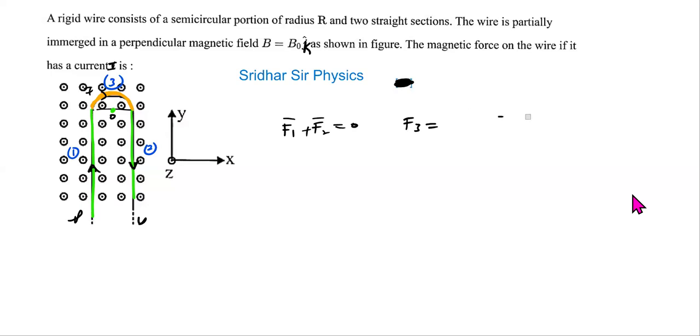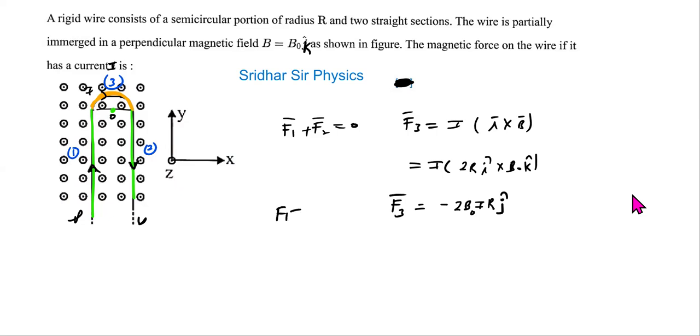Let me use the vector form. I bar L bar cross B bar, F equal to BIL formula. Here the current is I, the effective length will be 2R I cap. What is the value of B? B naught K cap. So I cross K is minus J, so minus 2 B naught I R J cap.